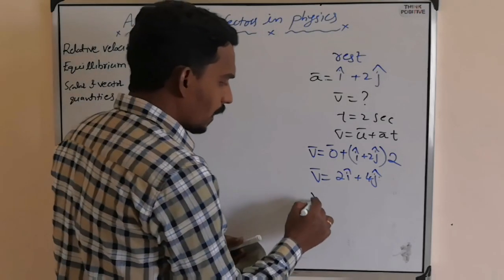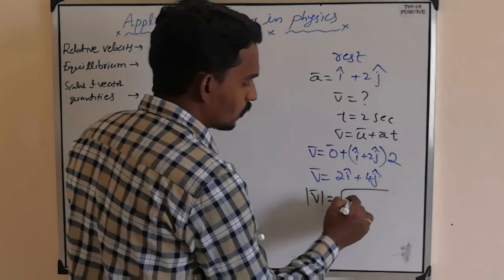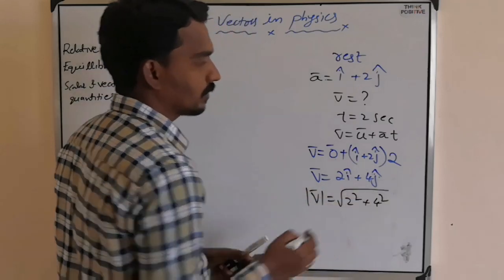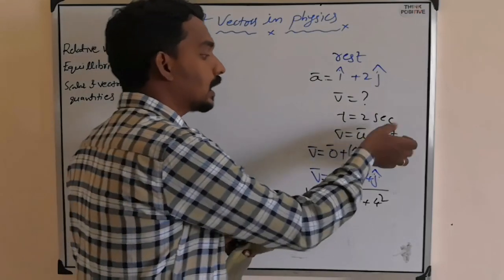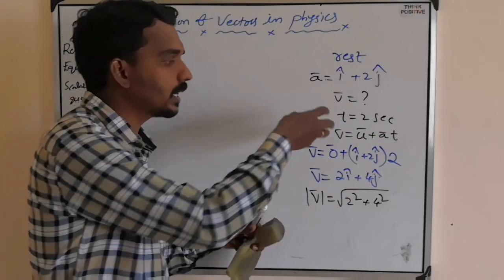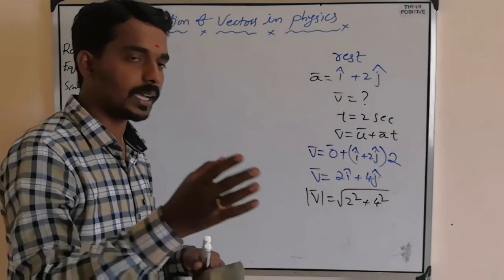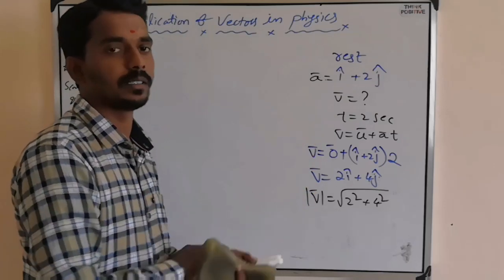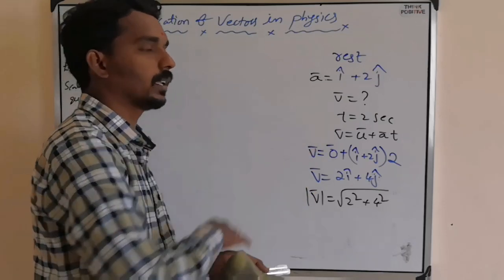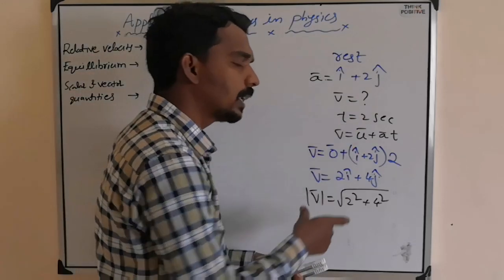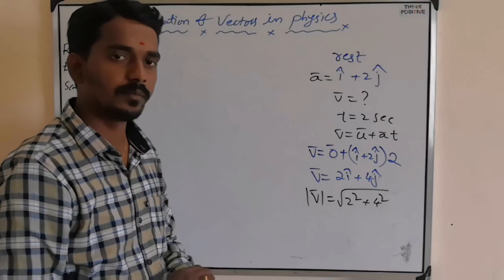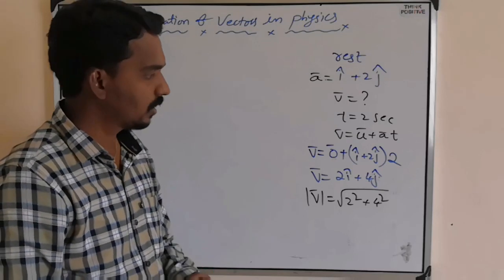Now if they are asking the magnitude, then it is under root 2 square plus 4 square. The same equation you are using, but in vector form. That is motion in a plane. That is what you have studied already, I think, in motion in a plane. So this way vector application comes in most of the situations.